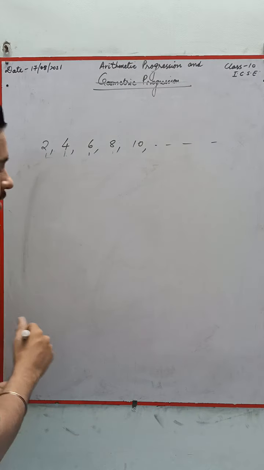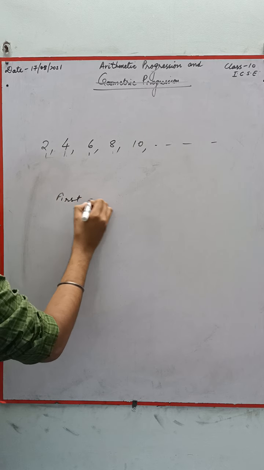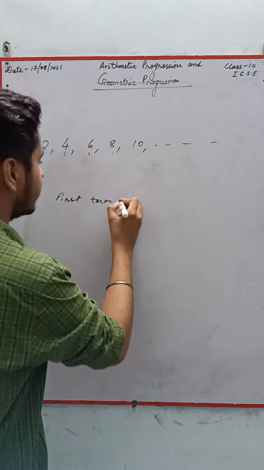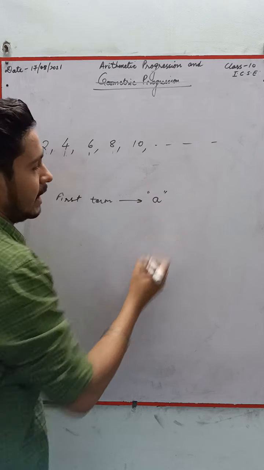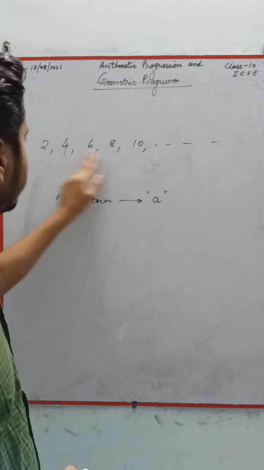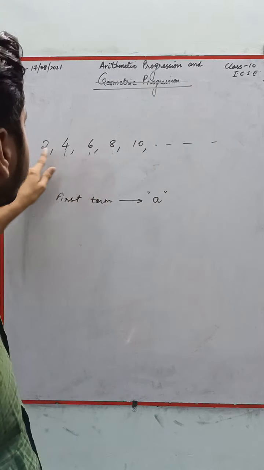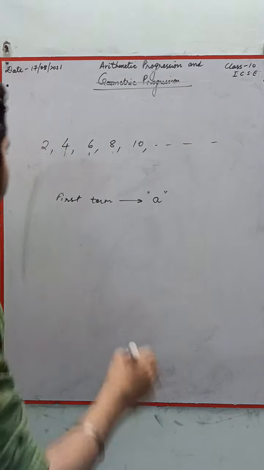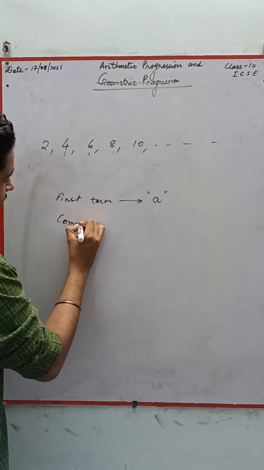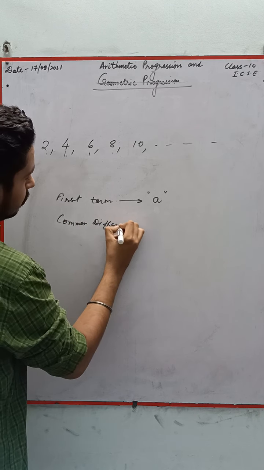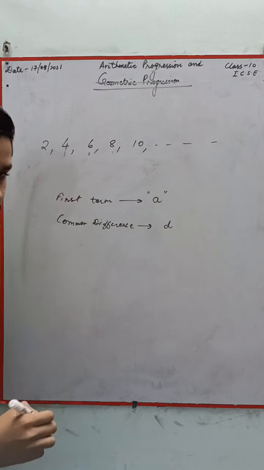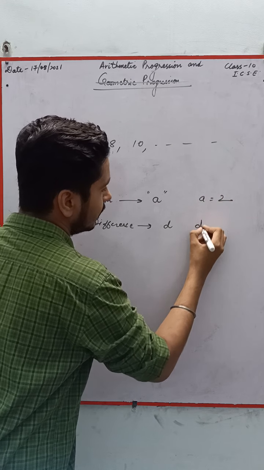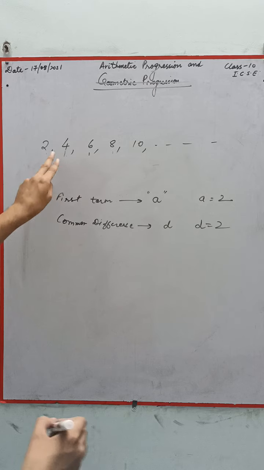In the progression, the very first term is denoted by the letter A. For example, in this progression, 2 is called the first term and it is denoted by A. Then whatever common difference we get, we denote as D. For this progression, A is 2 and the common difference is also 2, as we have calculated.